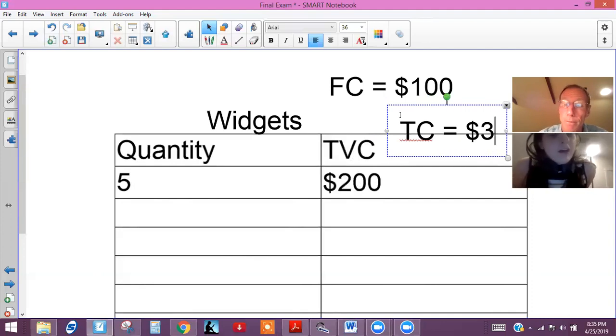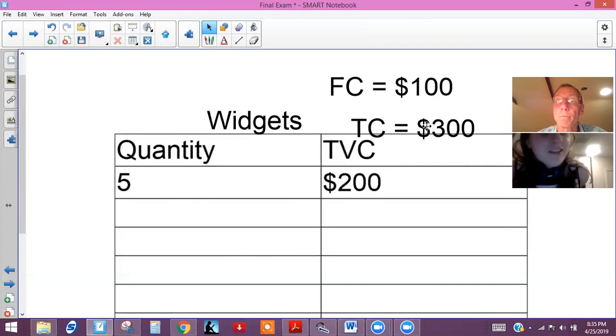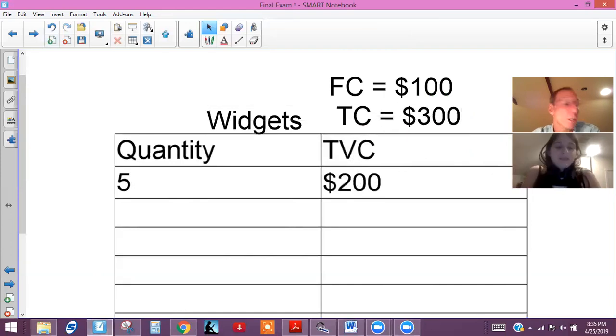Now, if you're asked what the average total cost is, what is it? The average total cost is 60.